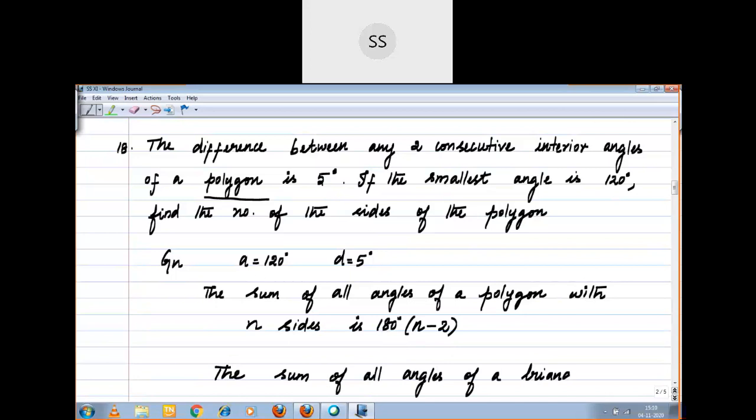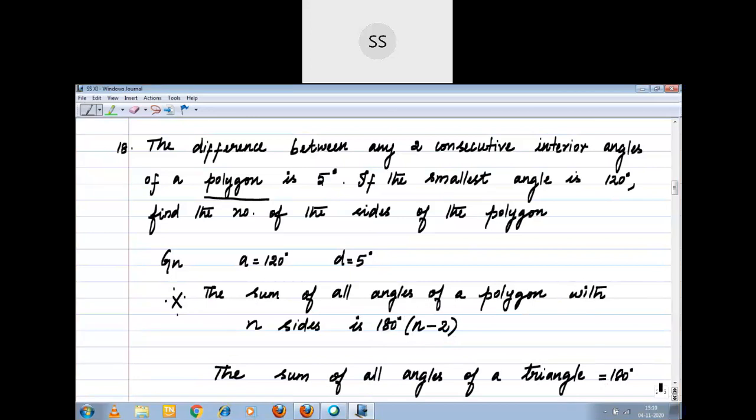What is your answer, children? 180 degrees, right? Whether it is correct or not, I gave the formula here. That is important, right? The sum of all angles of a polygon with n sides is 180 degrees into n minus 2. You raise a question whether it is true or not. For that purpose, I am going to prove it now.